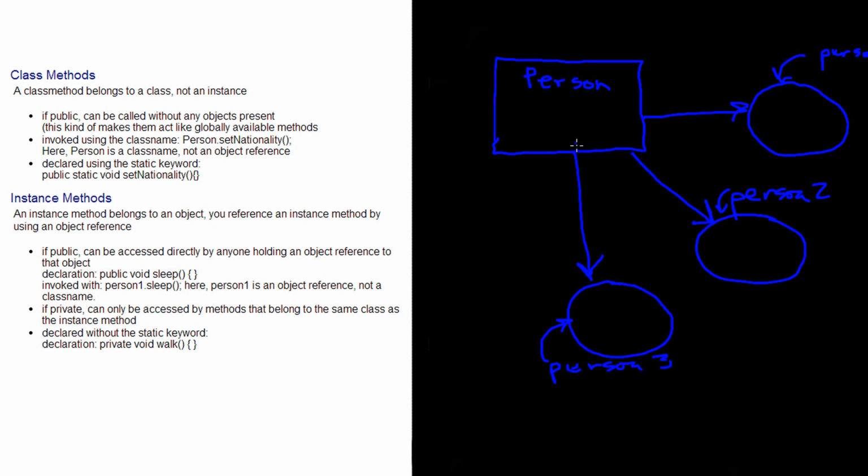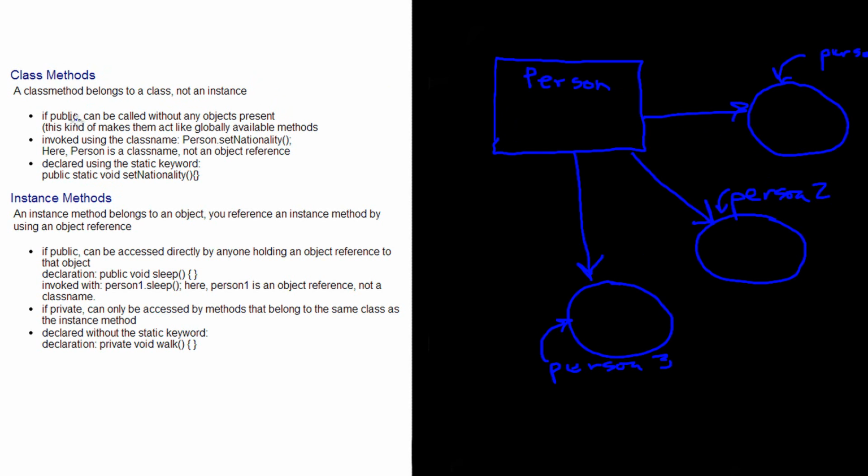Now in the earlier tutorial I mentioned that classes typically don't execute. You don't think of a class as executing at runtime, you think of the objects as executing in the system. That was a little bit misleading. It turns out classes can execute too, and that's what we're getting at in this difference between class and instance methods.